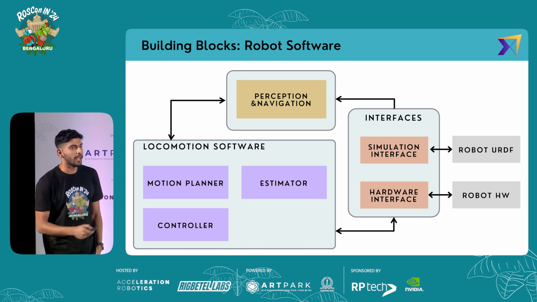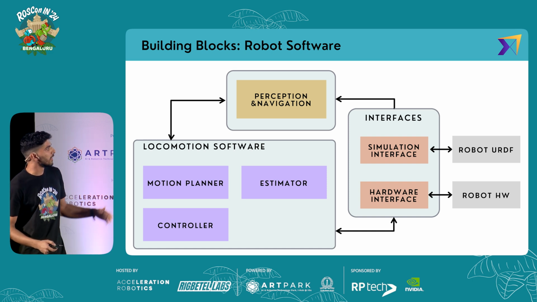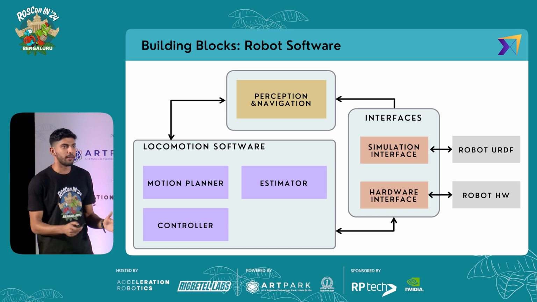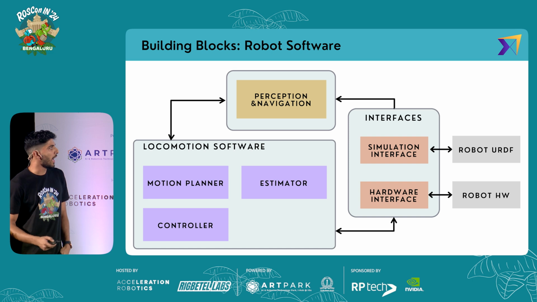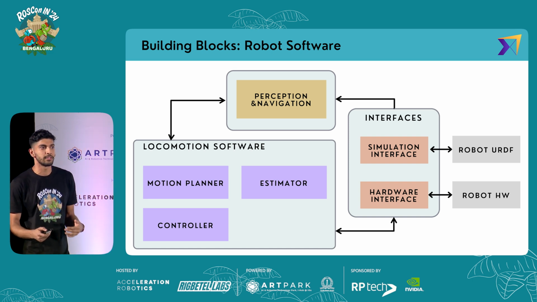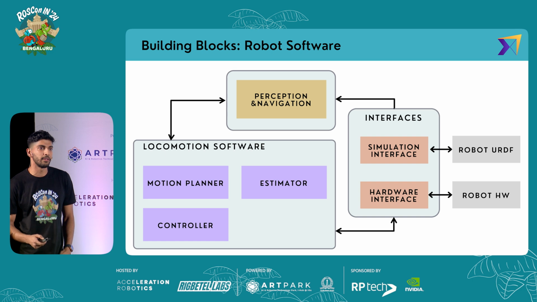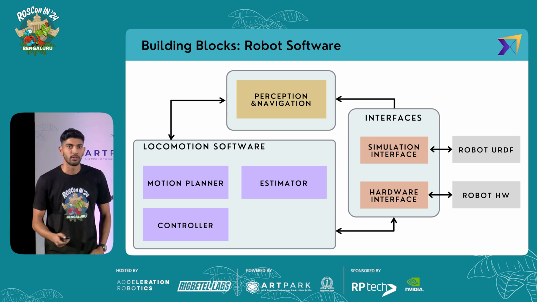The perception and the navigation stack communicate back and forth with the locomotion software. If you are running the simulation, you have the simulation interface, which finally interacts with the robot URDF. When we are running the actual robot, we have the hardware interface that interfaces our locomotion software with the low-level interface of the motors. And finally, we see the action on the hardware.